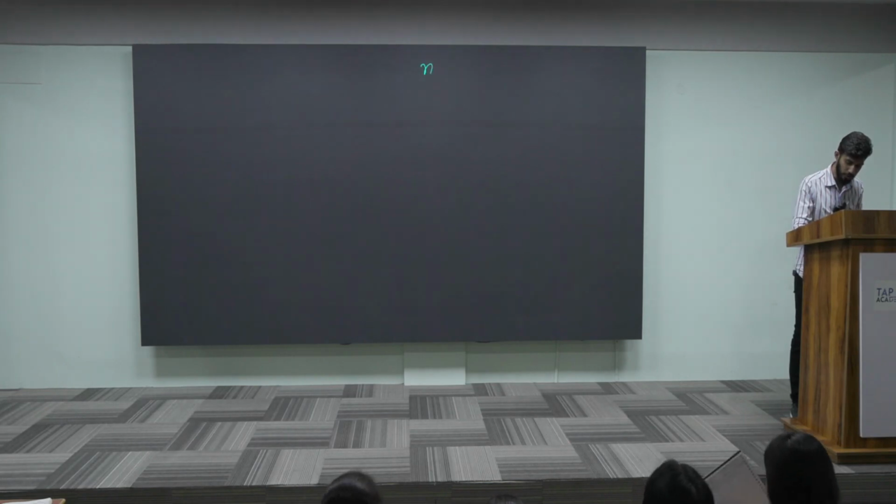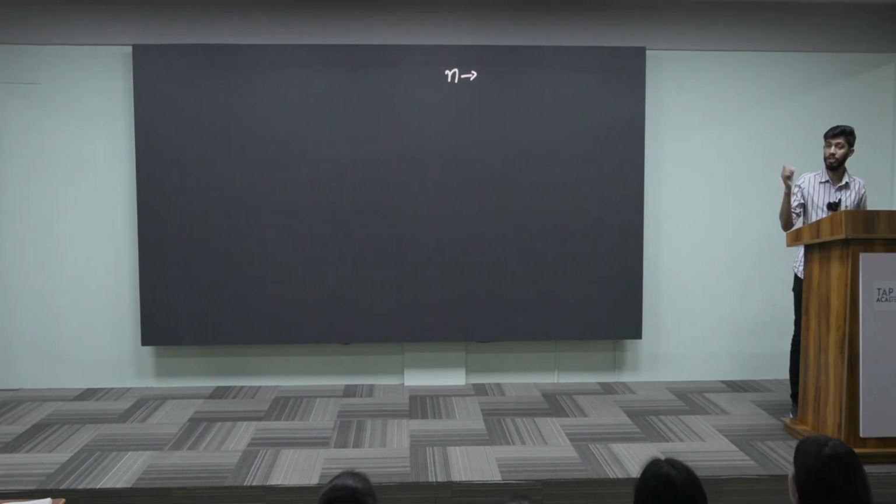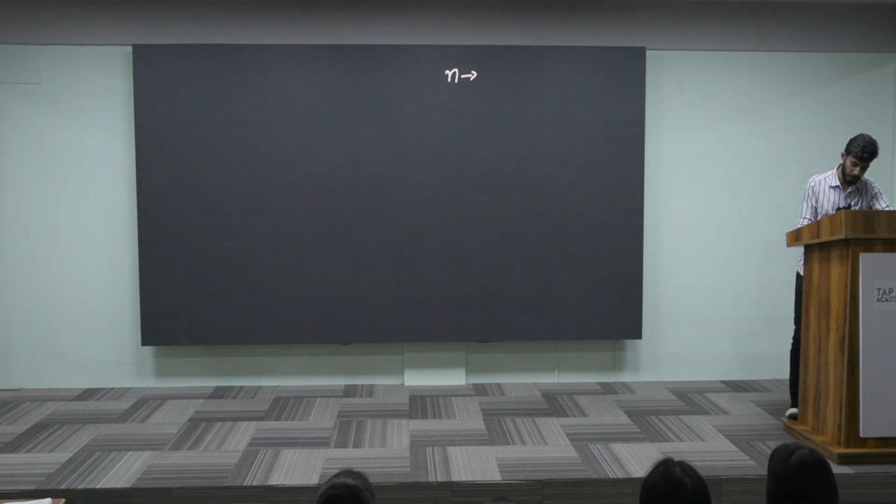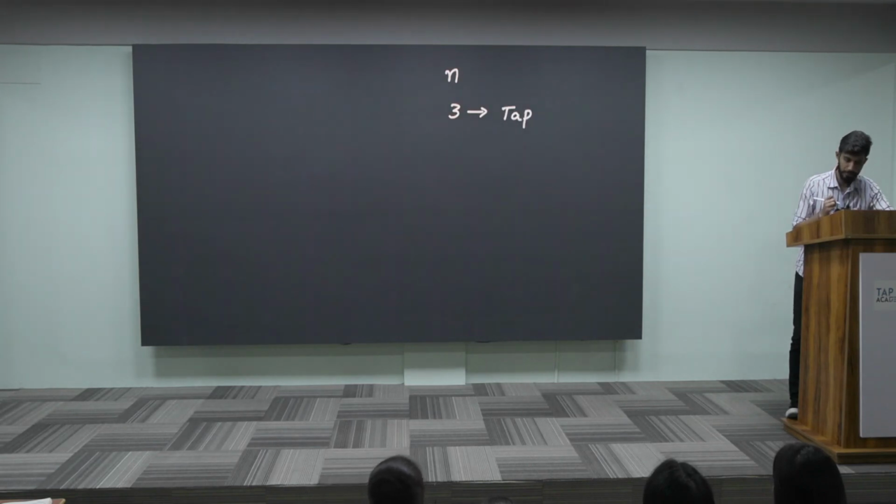I will give you one input. One n value will be given to you. What you need to do is check whether that n value is a multiple of 3 or not. If it is a multiple of 3, you need to print TAB.